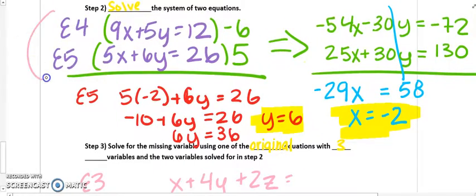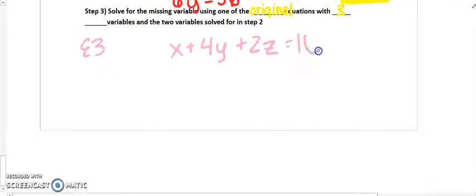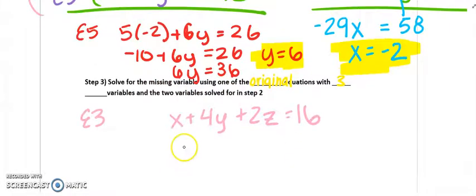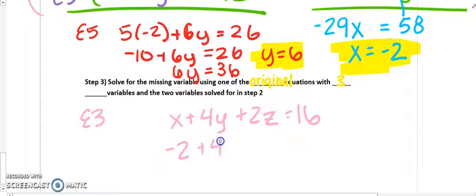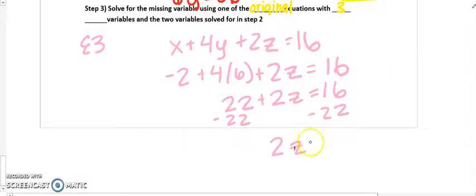Now here, I would highly recommend writing those equations. And so now I'm going to plug in and solve for z. 6 times 4 is 24, minus 2 is 22. So we get 2z is negative 6, or z is negative 3.